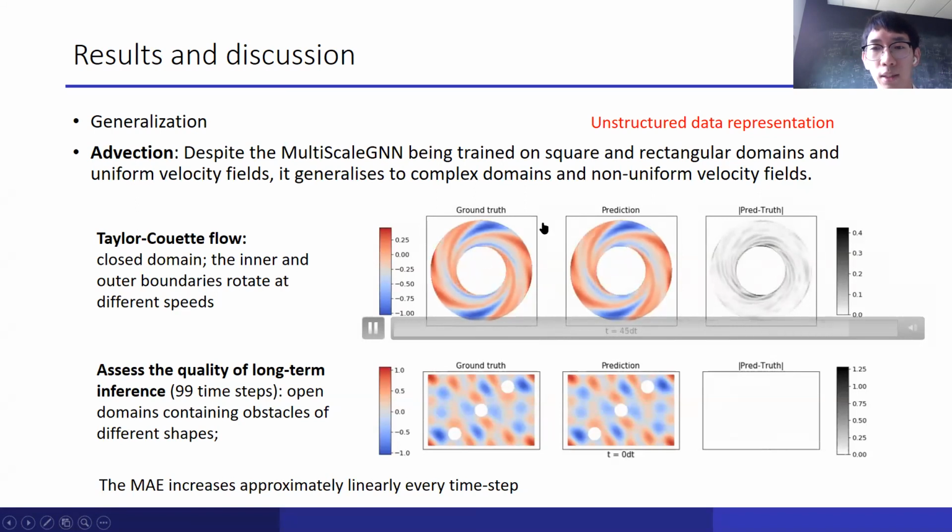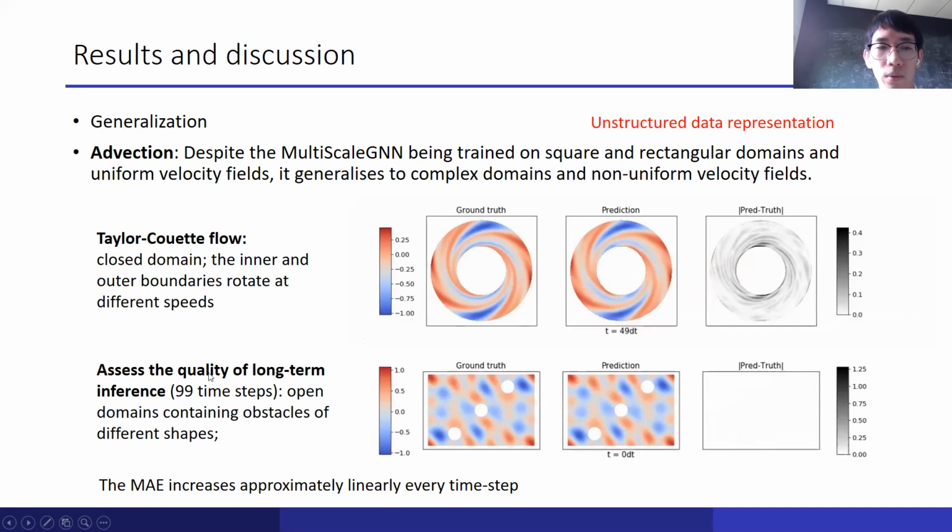We can see that the multiscale GNN seems to capture most of the structures compared with the ground truth. However, the scalar field is a bit diffused, as shown in this figure near the boundaries. So the error at the last time step is relatively large.